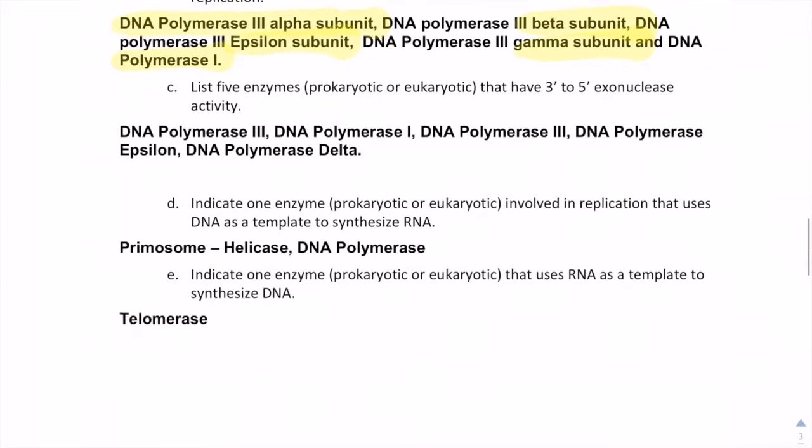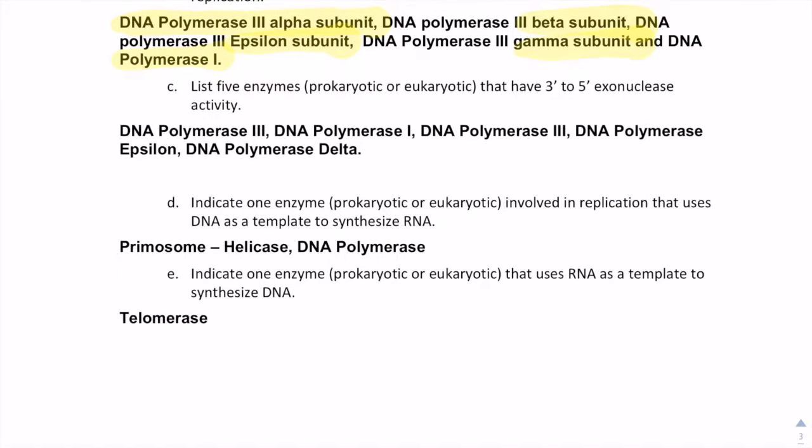The 5 enzymes that have 3 to 5 prime exonuclease activity are DNA polymerase 3, 1, the epsilon subunit of DNA polymerase, and the delta subunit.